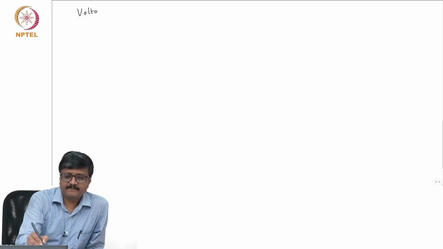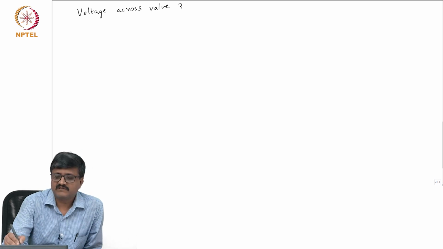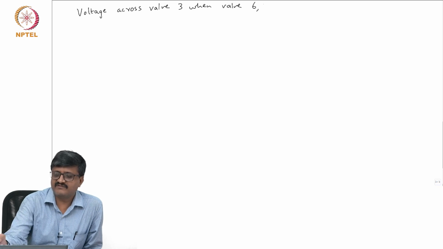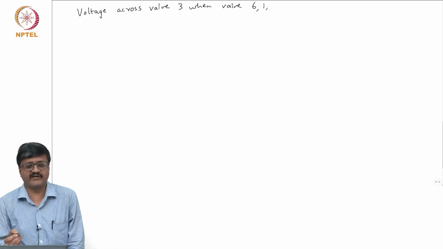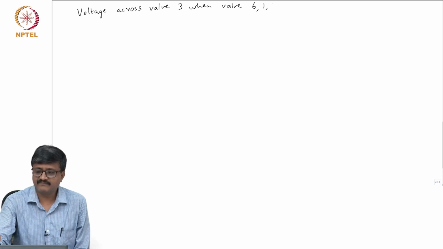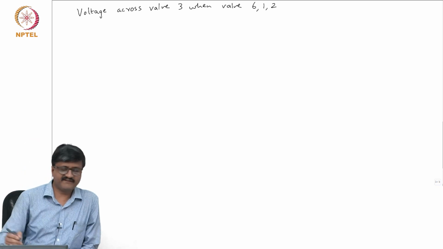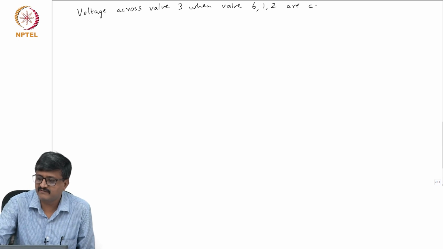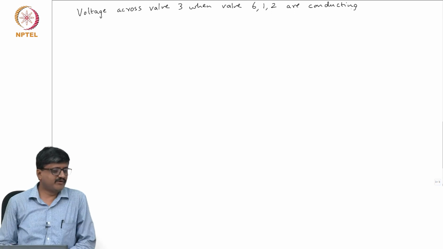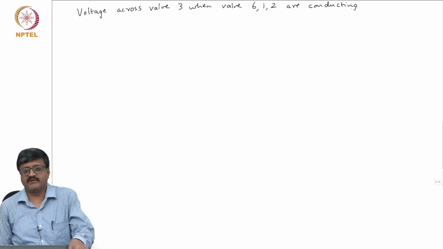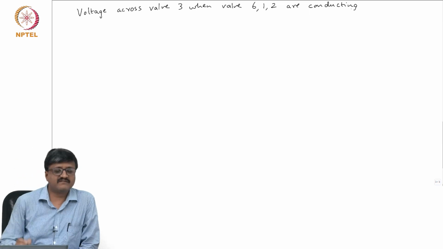If I take voltage across valve 3, when valve 3 is turned on, 6, 1, 2 are already conducting for this abnormal operation. Now, what is this voltage across valve 3 when 6, 1, 2 are conducting?